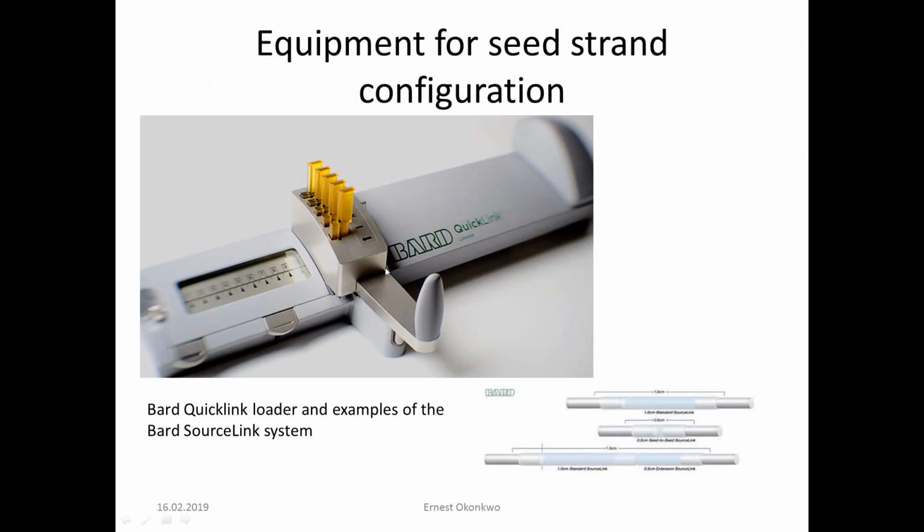The BAT system, as I mentioned, that we use, here you have the loader. The loader is used to do the configuration. Some vendors ask you what kind of configuration you need, and they configure it for you, and your needles already come loaded. But the advantage of the BAT system for us is that we can configure the seed strand ourselves.